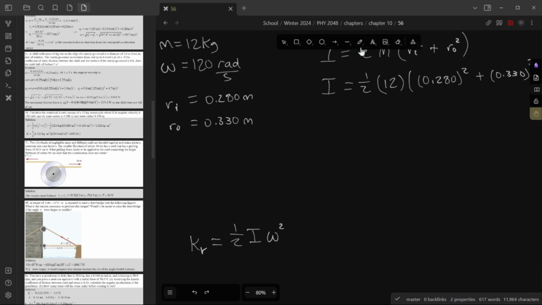So that's all the values, and now all we have to do is plug that into our calculator. Half of 12 is 6, and then times the radii squared.